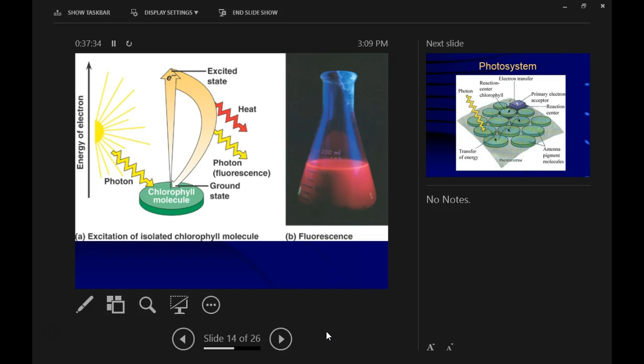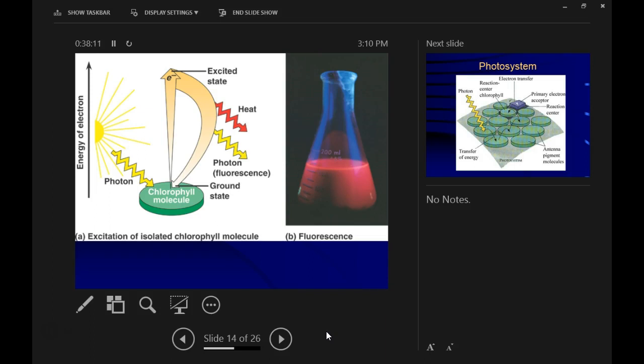The other important one is that we often get heat coming off. This explains why a car that is dark in color gets much hotter on a summer day than one that's white. If you think about a black colored car, as that sunlight strikes that pigment, it's absorbing all those wavelengths of light, and those electrons are being boosted to a higher energy level.